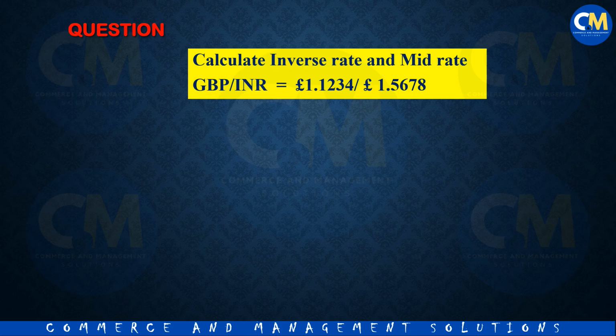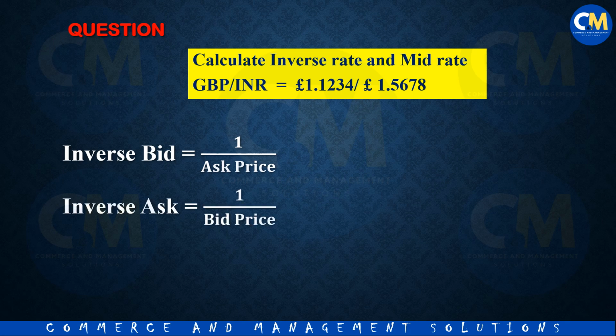To calculate inverse rate, since it is given bid rate and ask rate, we have to calculate inverse bid rate and inverse ask rate. To calculate inverse bid rate, we can use the equation 1 divided by ask price. We can calculate inverse ask rate by using the formula 1 divided by bid price.